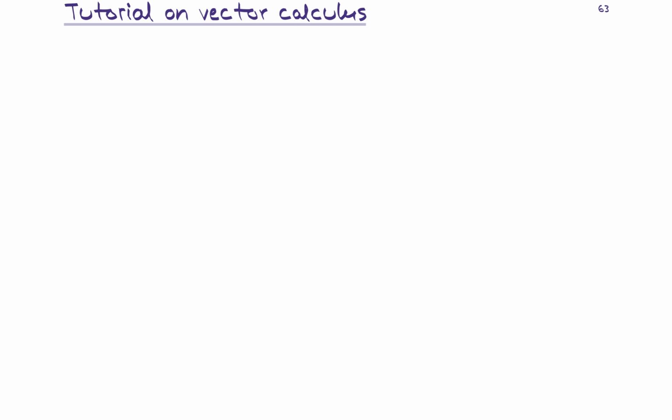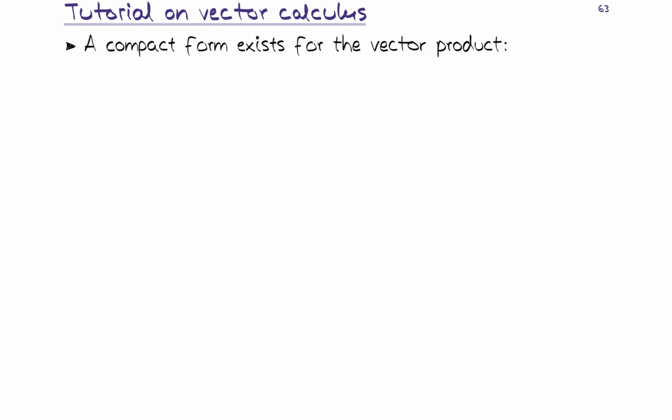Okay, so like I promised, we can also have a compact notation for the vector product. So when we have the vector product of two vectors u times v, if we would want to write it down using summations, we could do it by just introducing the Levi-Civita parity symbol, and we would end up having three summations. Now we have three indices, and we have this epsilon ijk.